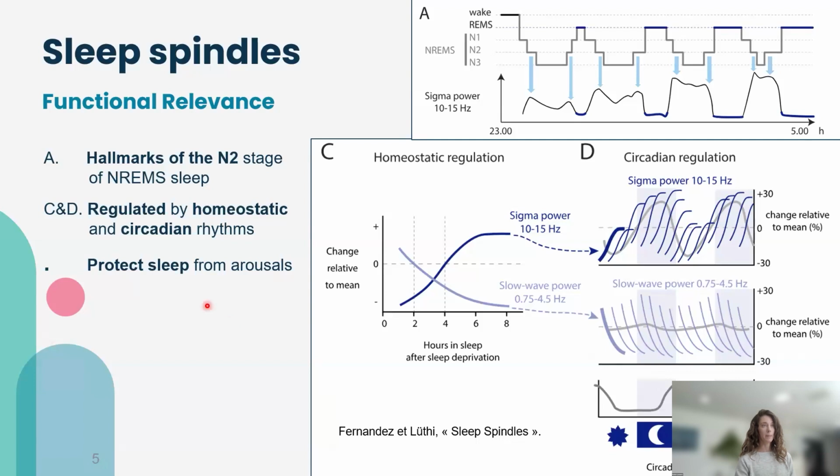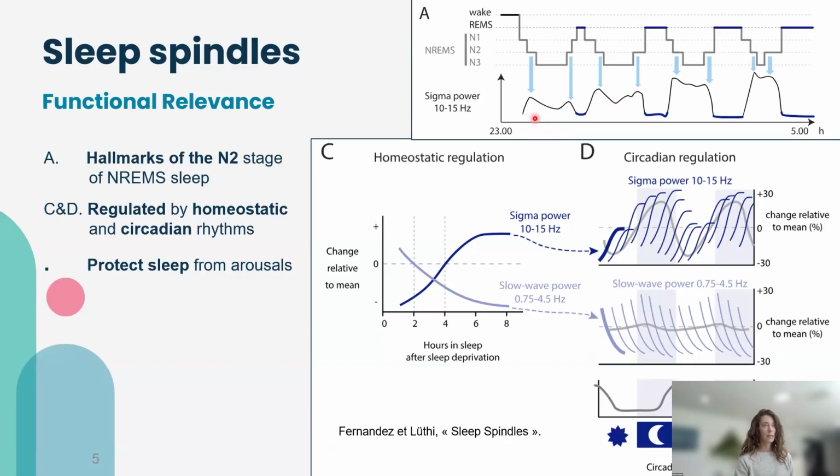So why detect spindles? First of all, they are a hallmark of the N2 sleep stage. In figure A here, we can see a hypnogram showing the different sleep stages from wakefulness to the deepest sleep stage N3, aligned with the power in the sigma band, so the frequency band of these spindles.